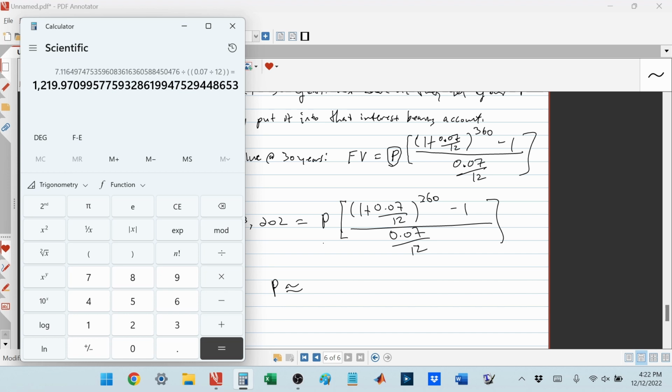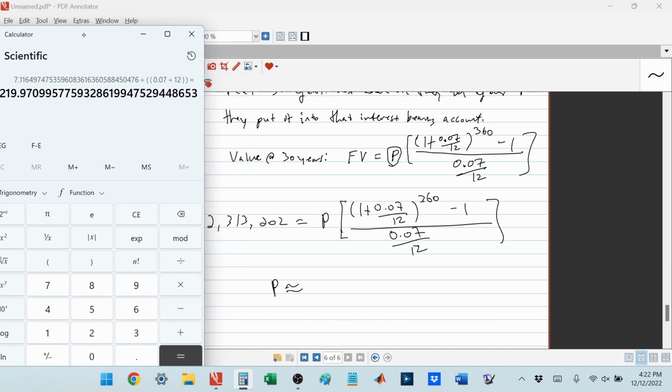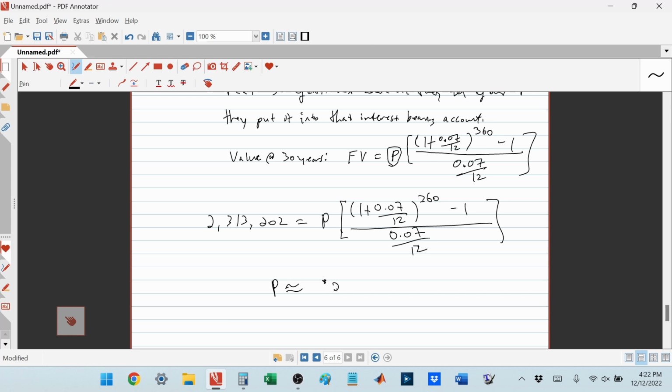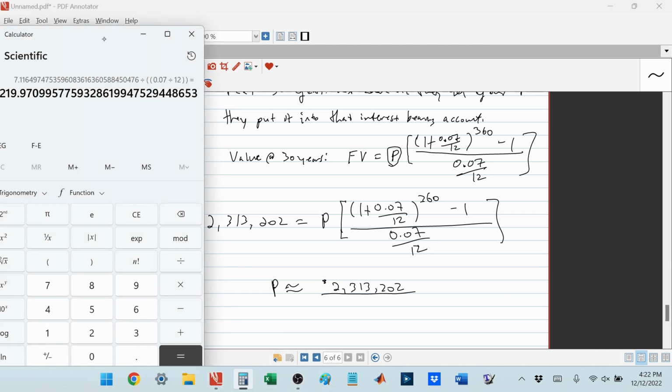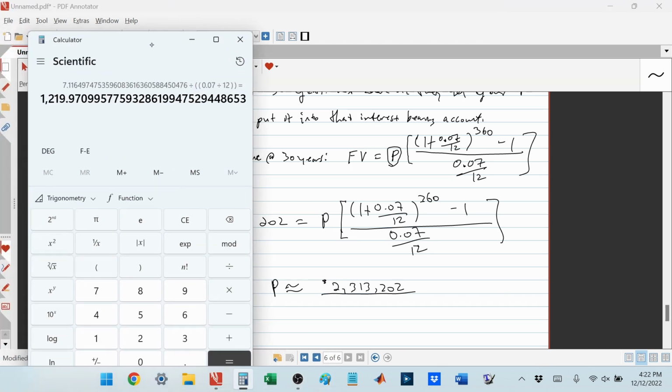So P is going to be equal to this $2,313,202 number divided by this 1,219.97 number.